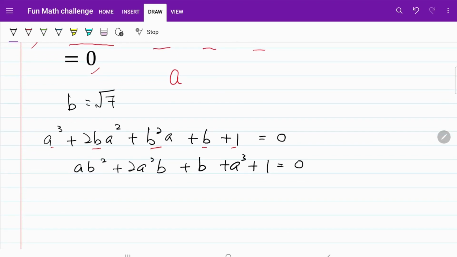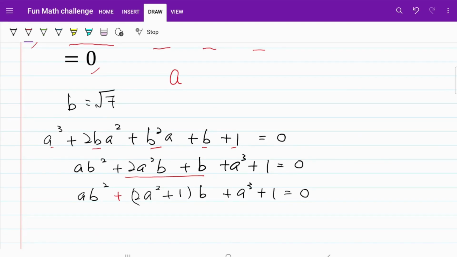From here, I'm going to try to do some factorization. I have a b squared, and I'm going to take out the common term from these two, which is b. And if I do that, then this thing becomes 2a squared plus 1 bracket b plus a cubed plus 1 equals 0.